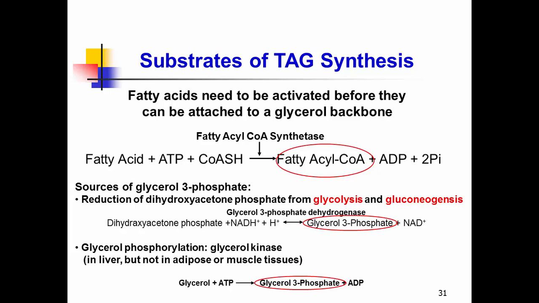And the other substrate is glycerol 3-phosphate. Actually, there are two sources of glycerol 3-phosphate. One source of glycerol 3-phosphate we talked about earlier, if you still remember, from which nutrient metabolism and which pathways is glycerol 3-phosphate generated?